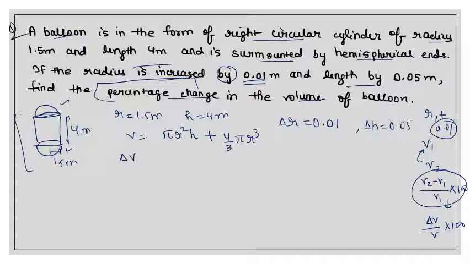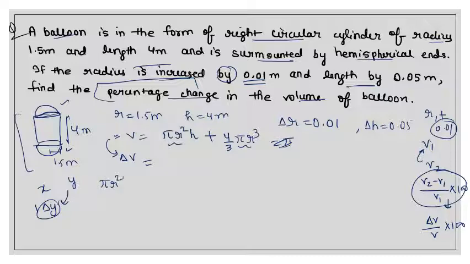So now if you have to find out the change, what will be the change? Change means you have to do partial differentiation. So in V it will be delta V, because if you do the differentiation of x, it will be 1, right? But if you do differentiation of y with respect to x, you have to mark del y, correct? So del V here. Then you can take out pi r as common, or you can do it later on also. So what is there? If you see, there are two variables, right?